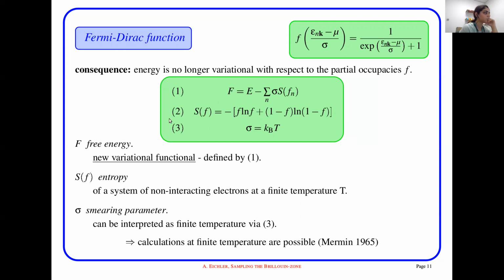If this is the occupancy and these are the energies, then the occupancy is 1 up to the Fermi energy, and then goes straight to 0. But by using this smearing parameter, we have a continuous transition, so you go down slowly.